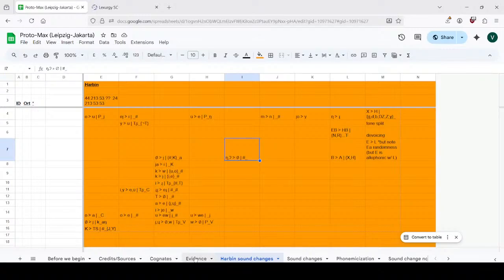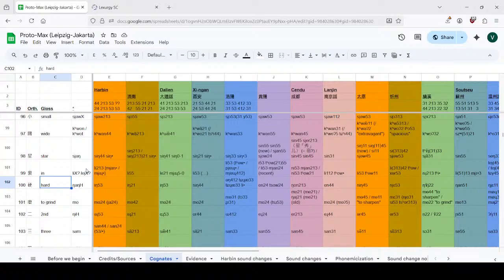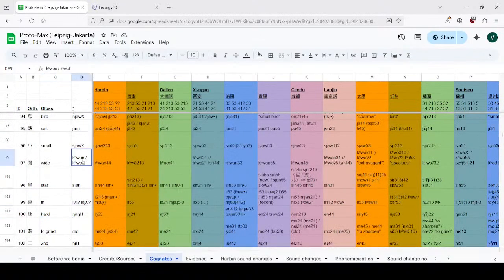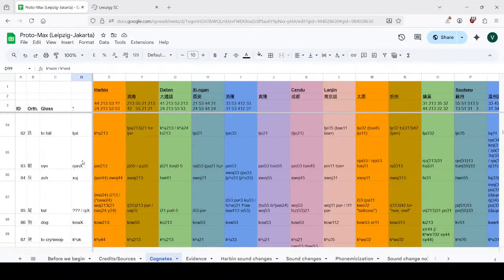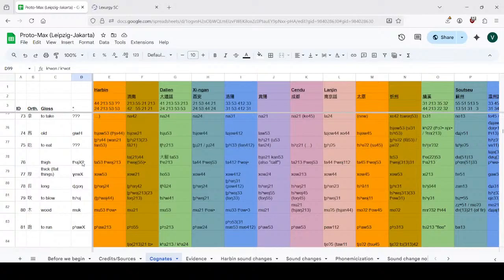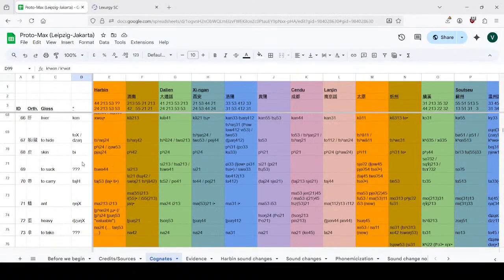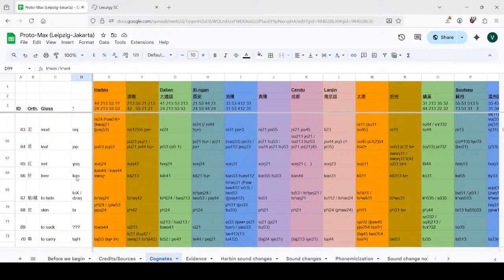But then there was also some trouble with, I think, gone, or is it liver? Yeah. Gone, becoming gan and not gian, or well, in that case, jian.